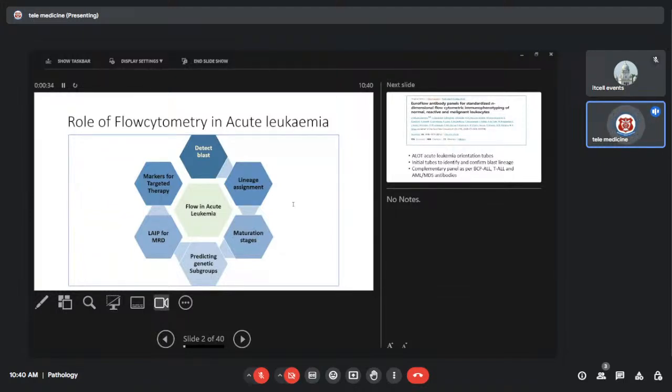The next is it helps you to assign the lineage, whether they are lymphoid blasts, in that whether B lymphoid or T lymphoid, then in the myeloid lineage, whether they are differentiated into erythroid, megakaryocytic, monocytic, which lineage is that. Then it helps you to identify the maturation stages and you can classify your B-ALL, T-ALL and myeloid leukemias further.